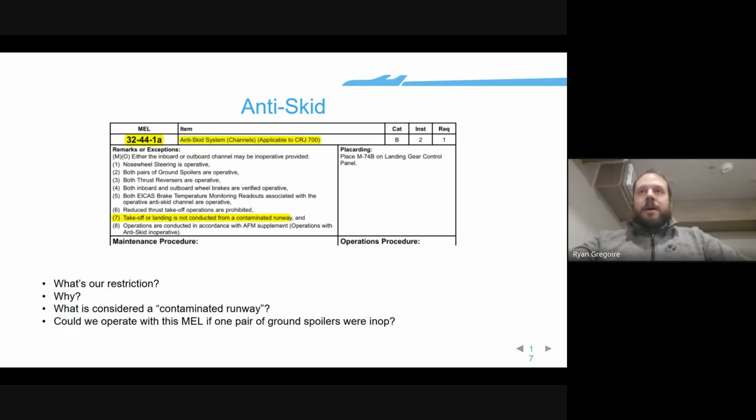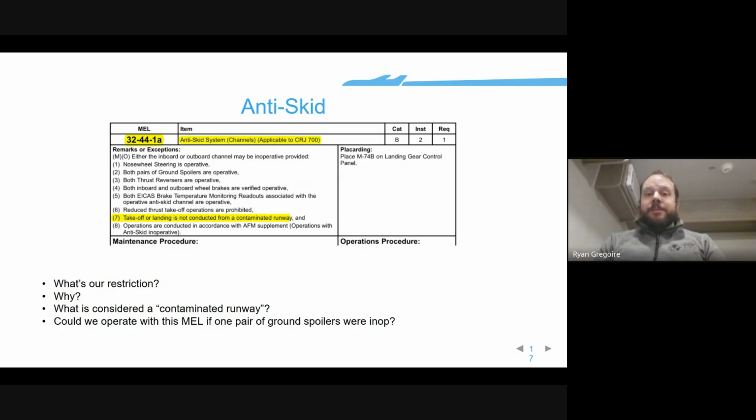And since we're trying to take off from a 6,000-foot runway, or we're trying to land on a 5,000-foot runway, this flight cannot carry all the way up to its maximum landing weight, because in that case, it would be too heavy to safely stop within the required stopping distance with its additional 20% and whatnot that we have to calculate.